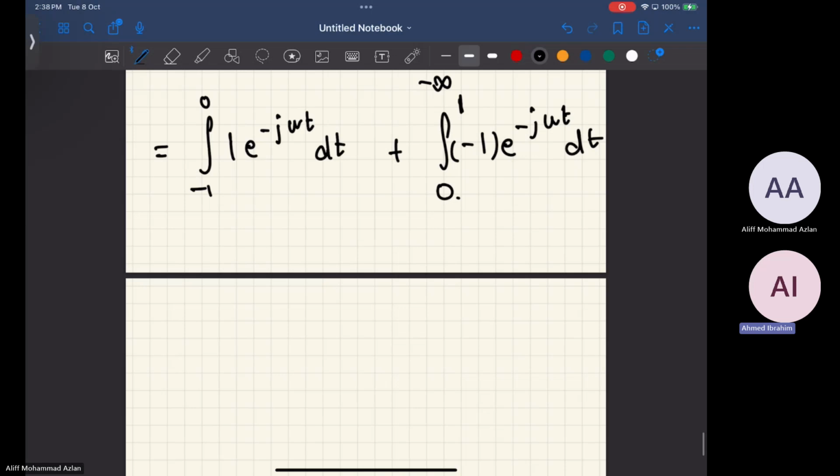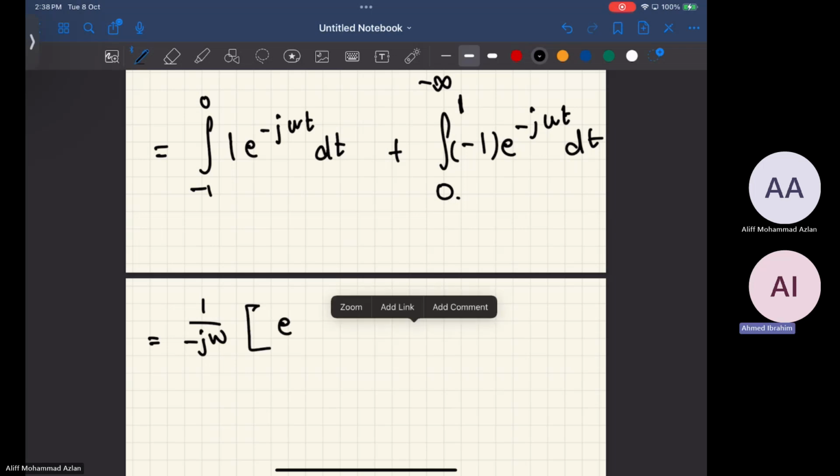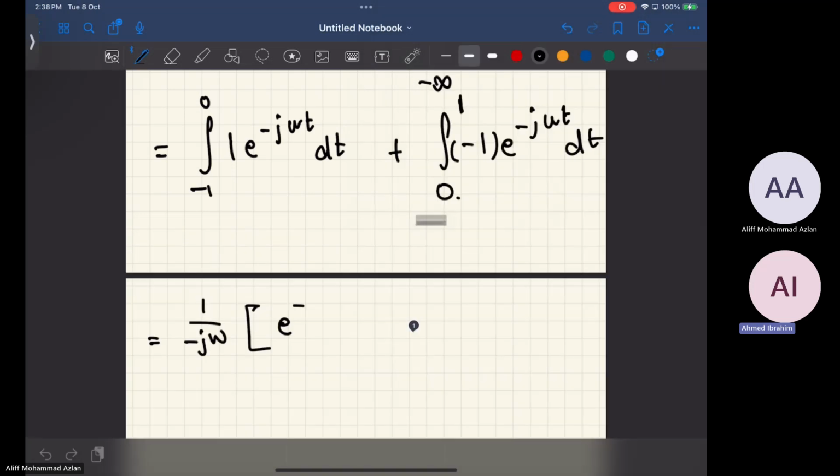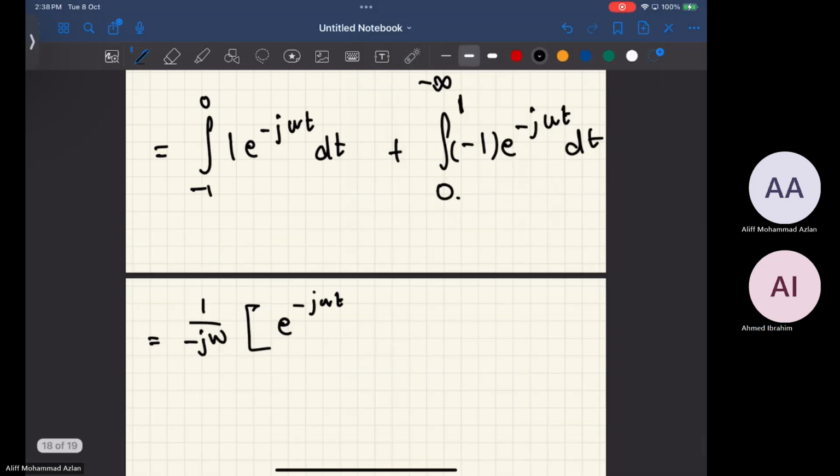So this is just simple integration. I'm going to have 1 over minus j omega times, it's just an exponential, so it integrates to the same thing, from 0 to minus 1.